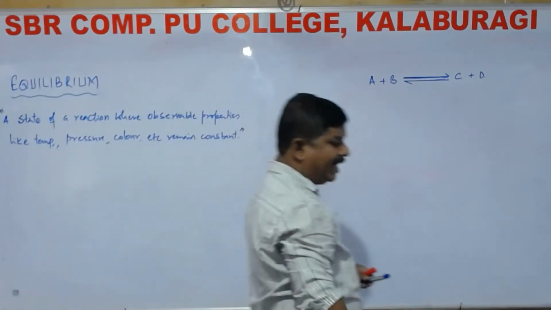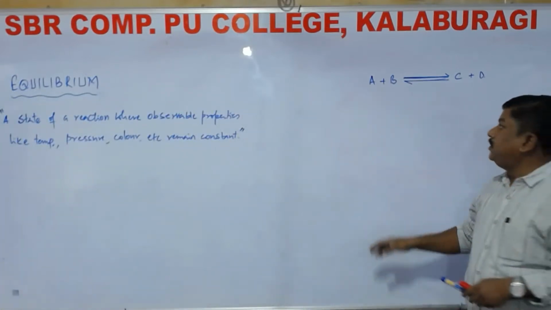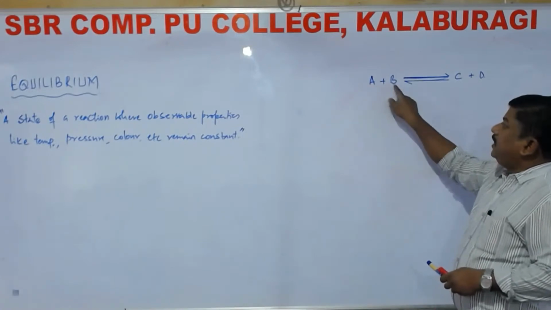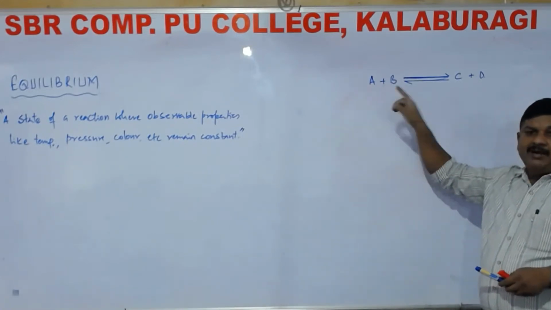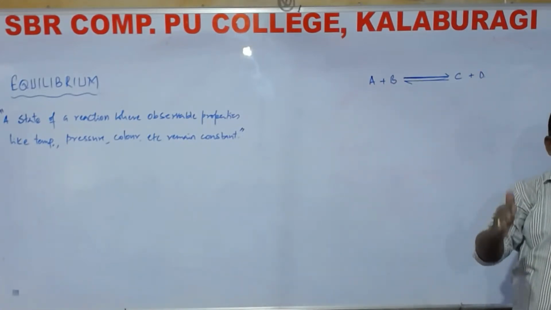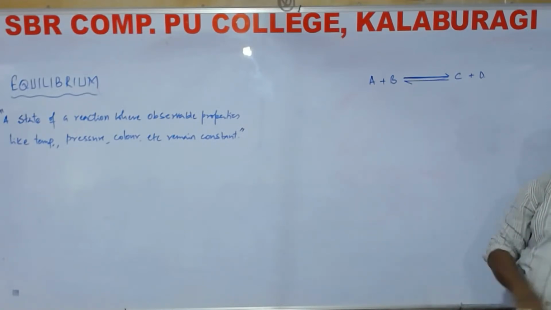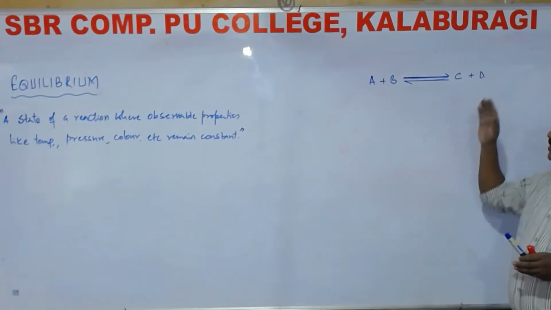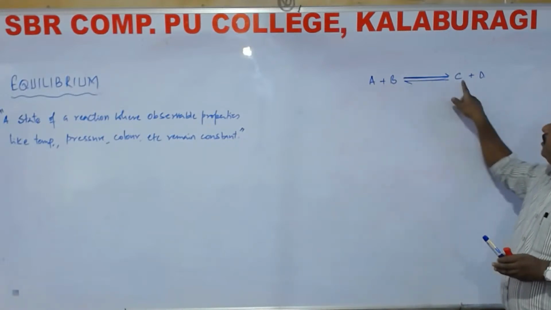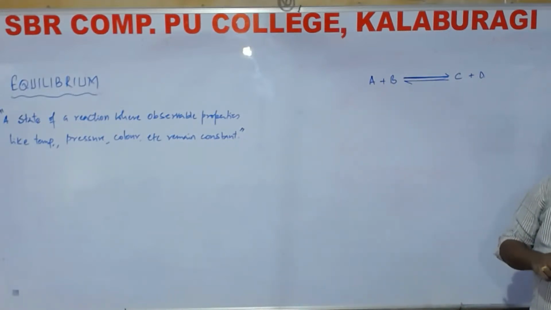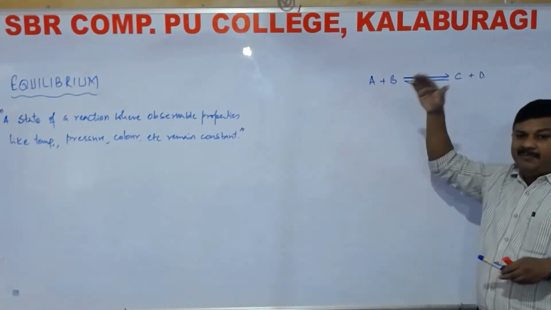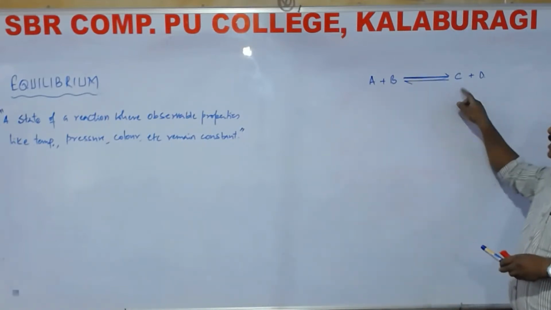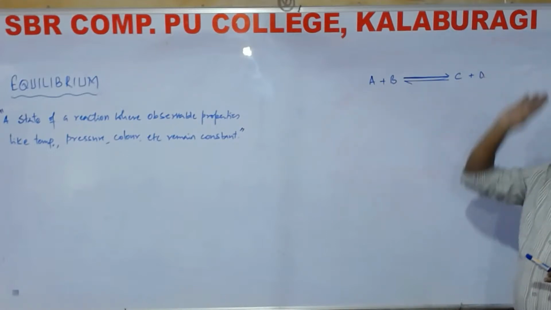Just to try to understand, in the beginning of the reaction, the concentration of A and B was maximum. In the vessel, we have taken only A as well as B molecules. There was no amount of C as well as D. Slowly, as the reaction takes place between A and B, the formation of C and D increases. The concentration of AB goes on decreasing, and the concentration of CD goes on increasing.